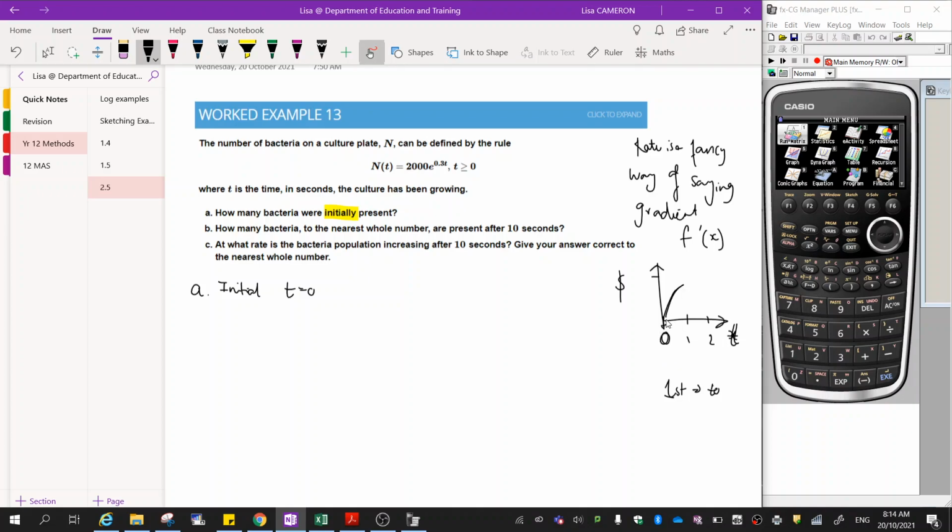Now, on the graph, when I say the first year, that is when time is 0, because that's when I first moved in. Time starts from 0 when I first move in, and then after half a year, it becomes 0.5. So you could also say I'm halfway through my first year. That works. But initial is always when T is 0. Now, that is something that's going to apply in all of your modelling questions. So remember that fact. Commit it to memory.